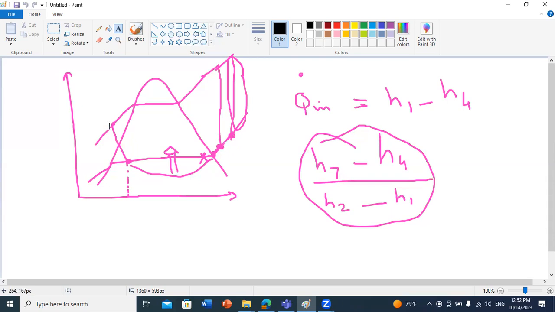Similarly here, we said that it's good to reduce the quality, because if we reduce the quality at this point, which was point 4, this will be good, because it will not affect the inlet value.